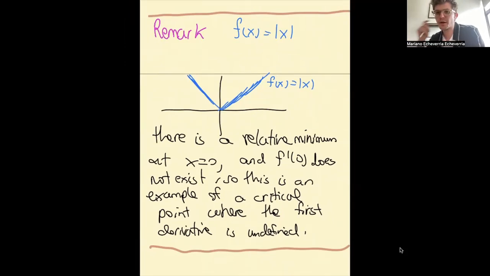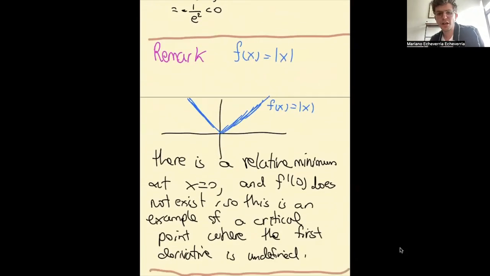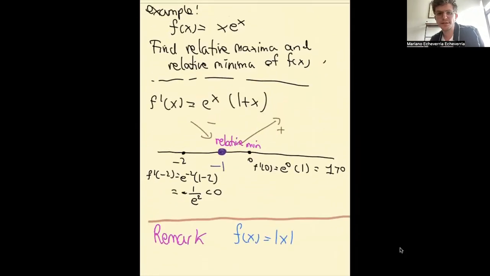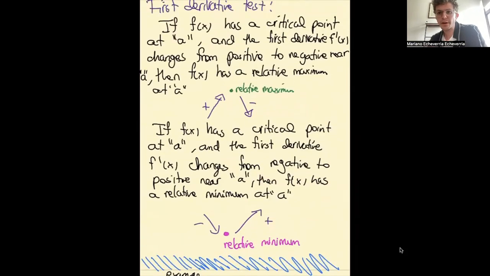And then the other remark that I wanted to mention before moving to the quiz is about the first derivative test. In the first derivative test, we did plus minus or minus plus, right? So what other combinations of pluses or minuses are left? Plus plus or minus minus, right?